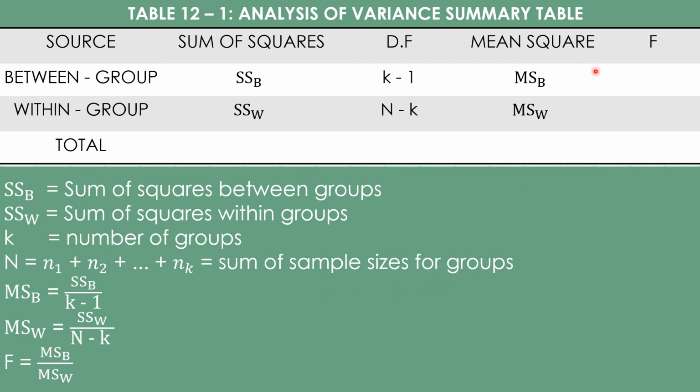The mean square between group, denoted by MS sub B, is equal to SS sub B divided by K minus 1. The mean square within group, denoted by MS sub W, is equal to SS sub W divided by N minus K. And our F-test value is equal to the mean square between group divided by the mean square within group.